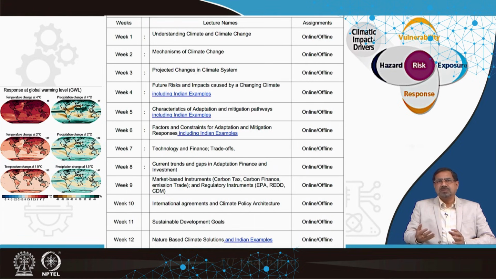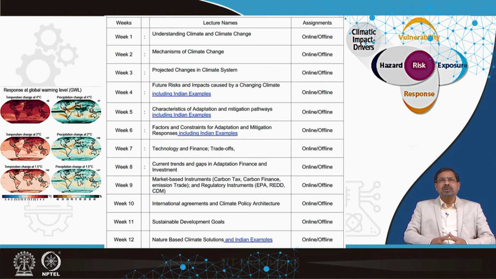And in the fourth week we will try to understand the future risks and impacts caused by changing climate. There we will incorporate a lot of Indian examples, and in the fifth week we will talk about the characteristics of adaptation and mitigation pathways. So, what are the various adaptation and mitigation pathways, we will know through some of our examples.